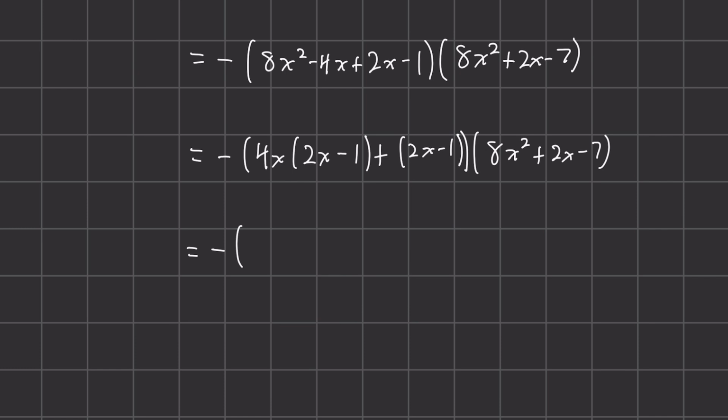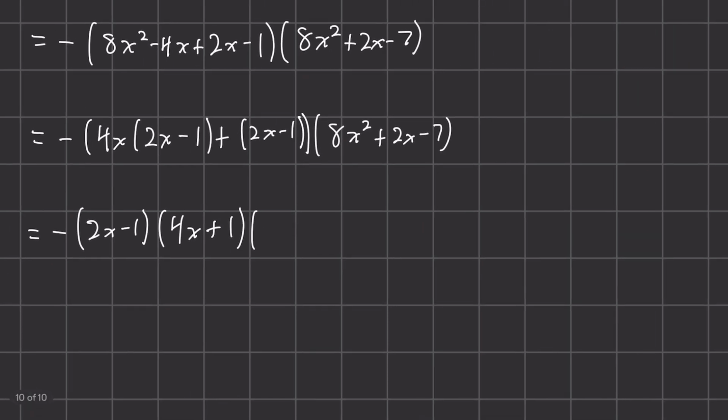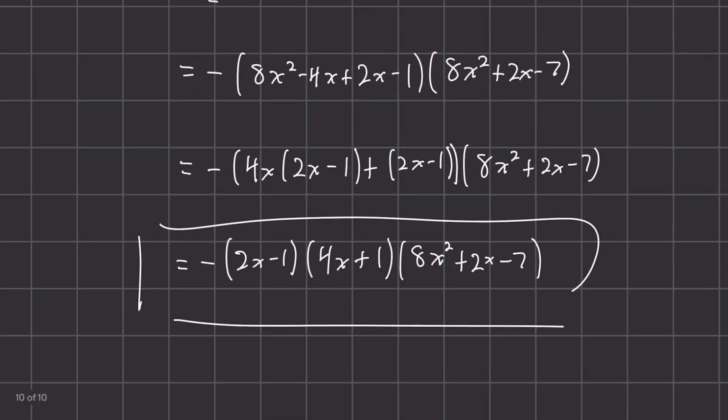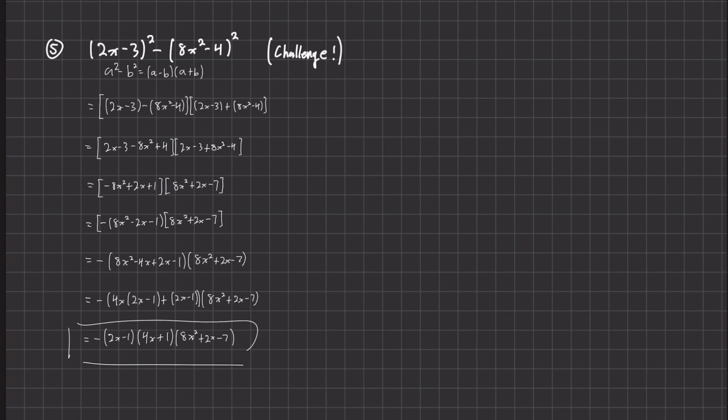And then we just factor out the greatest common factor, 2x minus 1. And then 4x plus 1 is what we're left with. And then we just keep whatever's here, because that one wasn't factorable. Bang. And that would be your final solution.